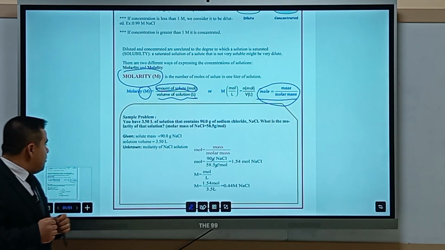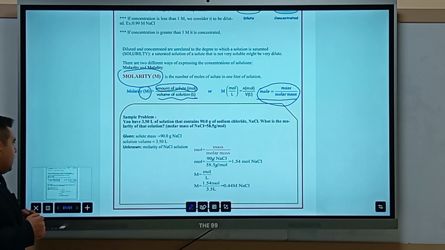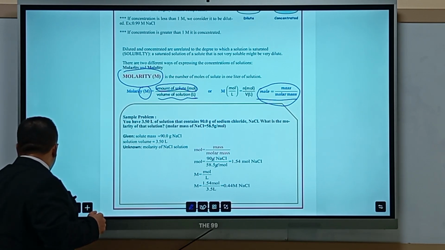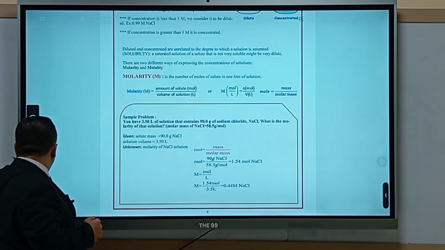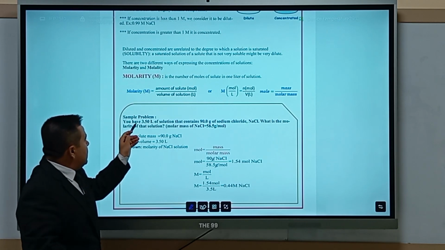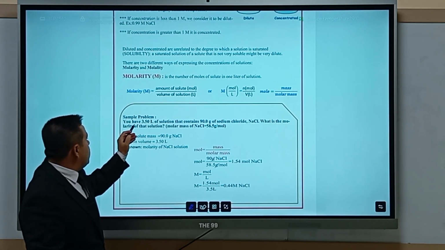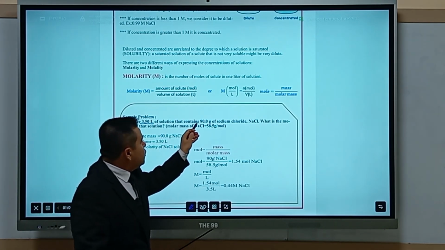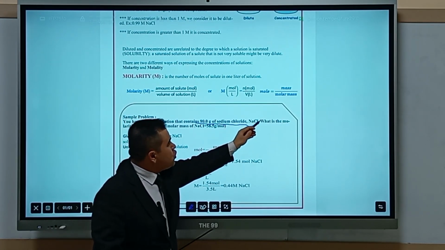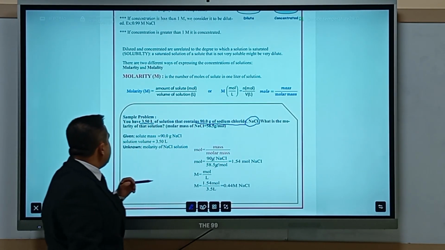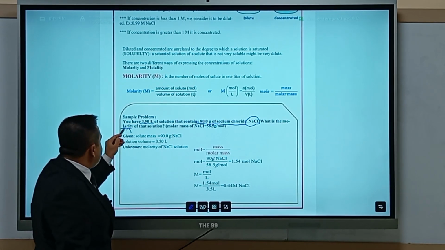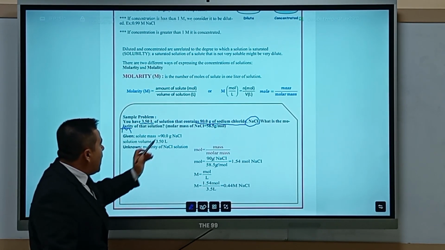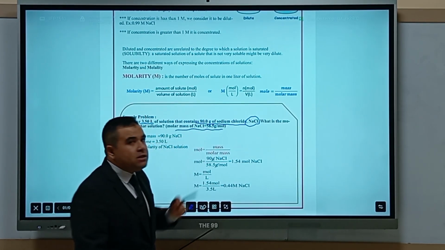Let us solve an example here, guys. Here is a sample problem: 3.5 liters of solution, 90 grams of sodium chloride, which is NaCl. What's the molarity? So capital M is the requirement, and the molar mass of NaCl is provided.